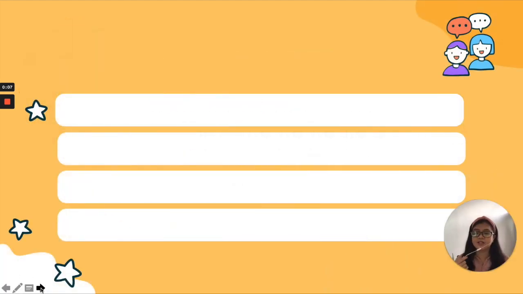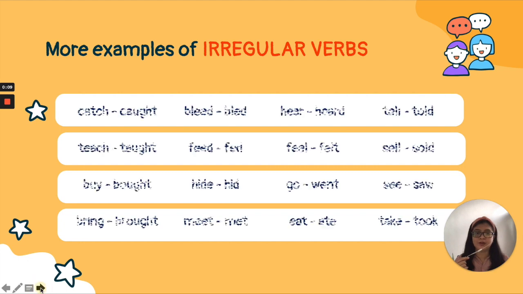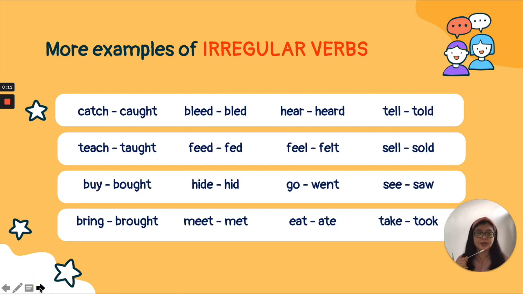Now let's look at some examples of irregular verbs. So here we have catch, caught, bleed, bled, hear, heard, tell, told.